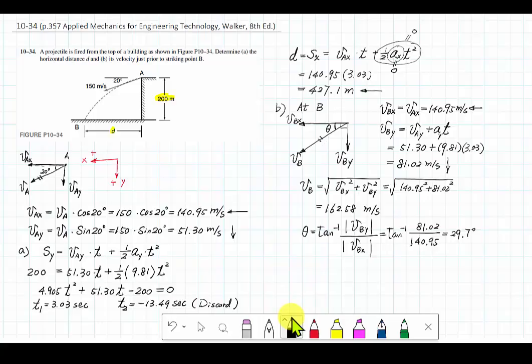So as a conclusion, VB should be equal to 162.58 meters per second with an angle of 29.7 degrees.